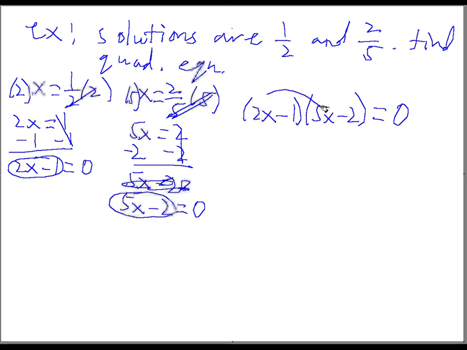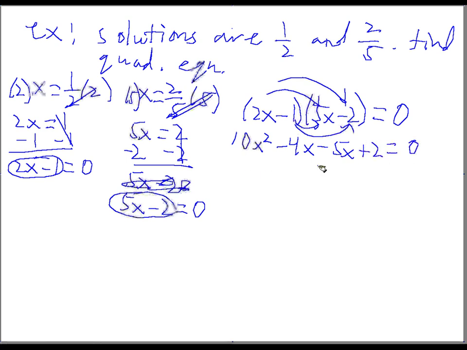If I show some work here, or do this in your head, it's up to you, but that's going to be 10x squared, minus what? 4x. All right, distribute the negative 1, negative 5x. And negative 1 and negative 2, positive 2, plus 2, equal to 0.